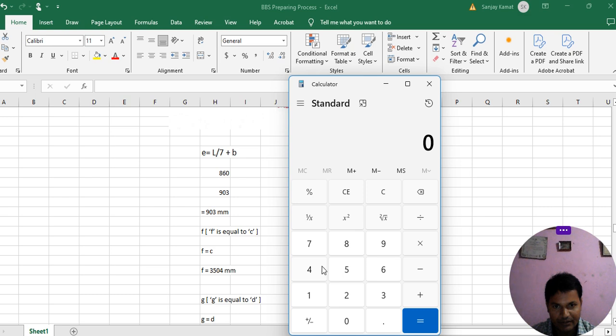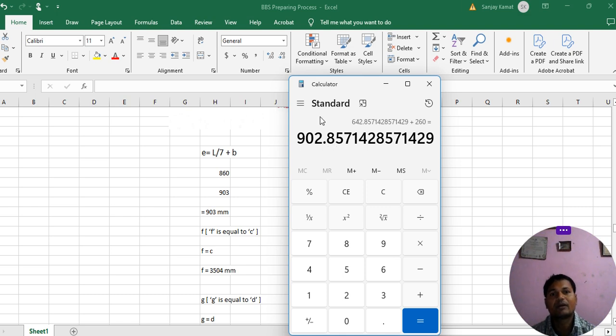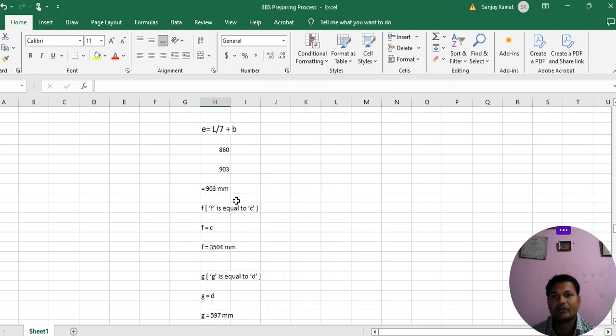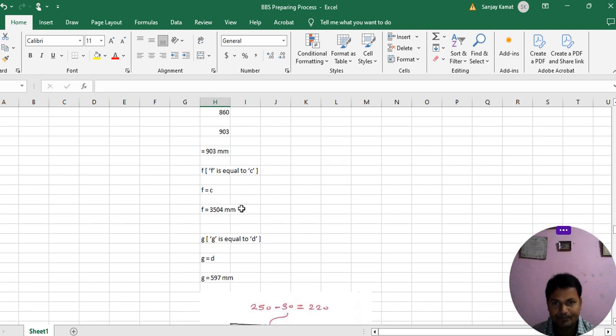L by 7, 4500 divided by 7, how much is it coming? 642, and plus b, which we have as 260. So how much is it coming? 902. And after the decimal how much do we have? After the decimal we have 85. So after the decimal it is 8, you can round up here. After rounding up, it comes to 903 mm.